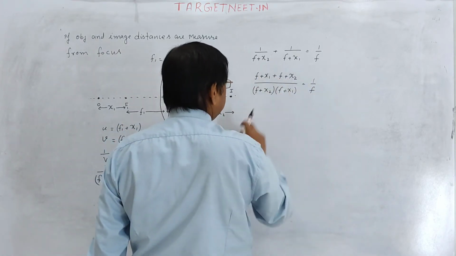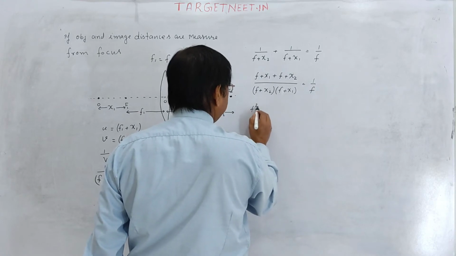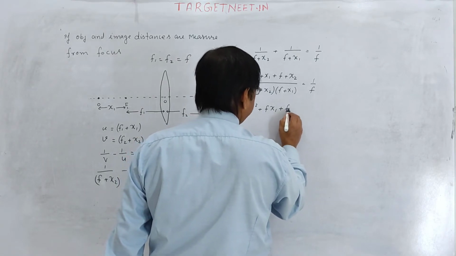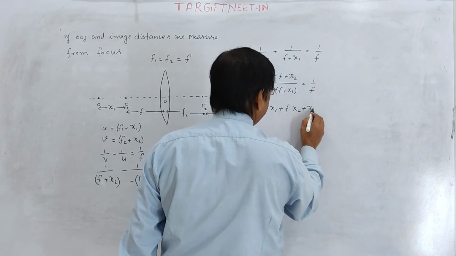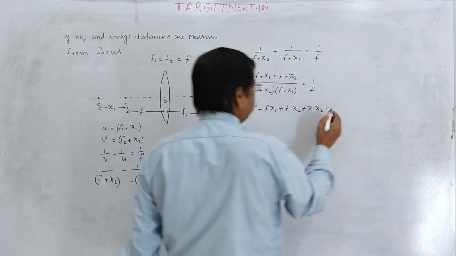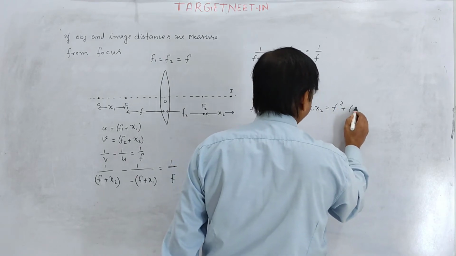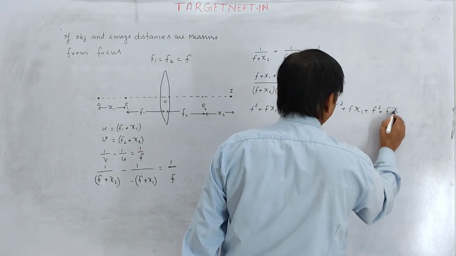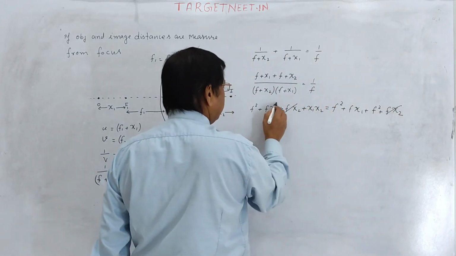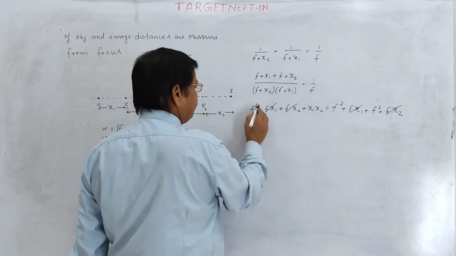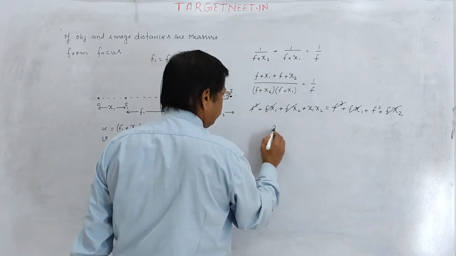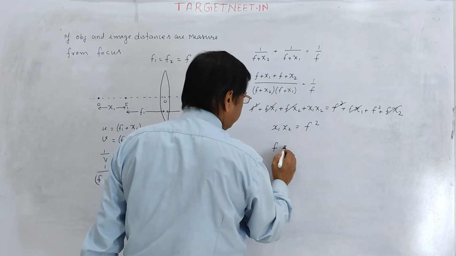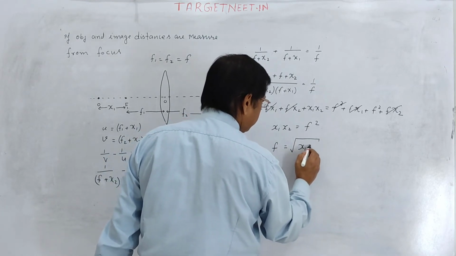If I cross multiply this, this is f square plus f x1 plus f x2 plus x1 x2 is equal to f square plus f x1 plus f square plus f x2. f x2 cancels, f x1 cancels, this cancels, so what is left? x1 x2 is equal to f square, so f is equal to under root x1 x2.